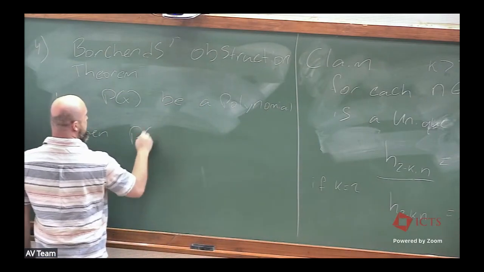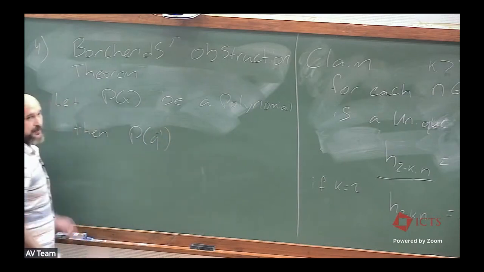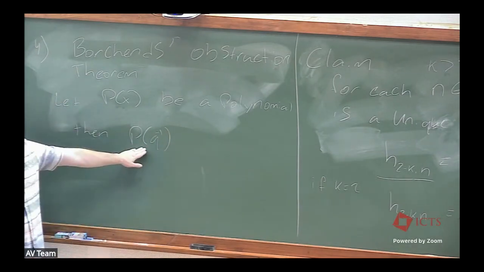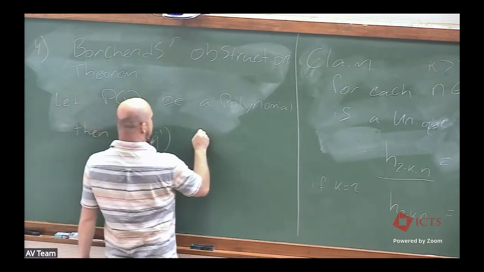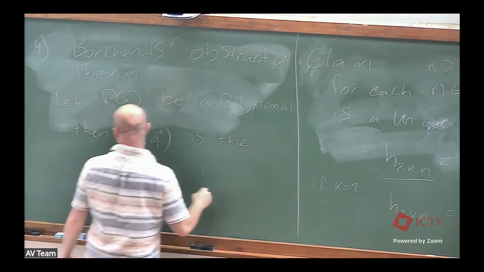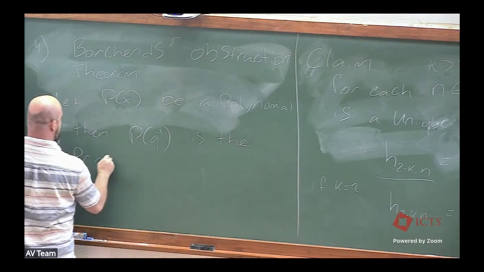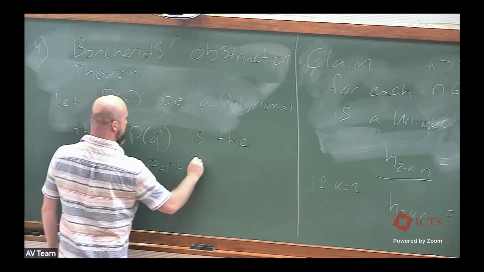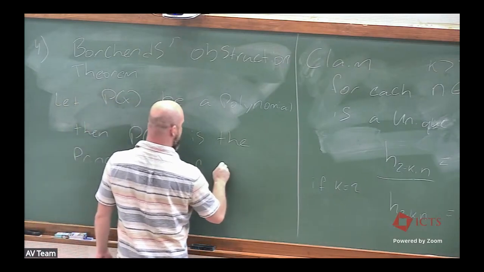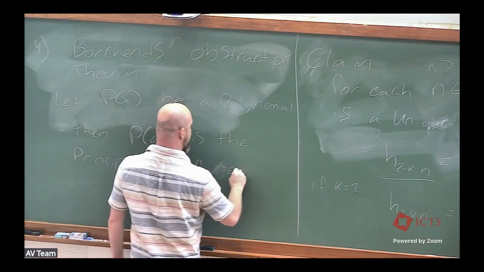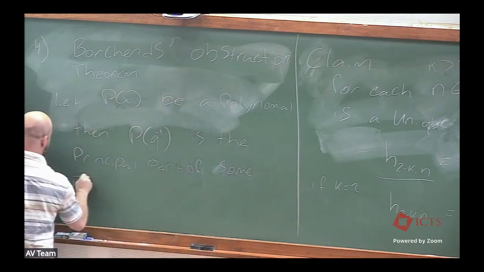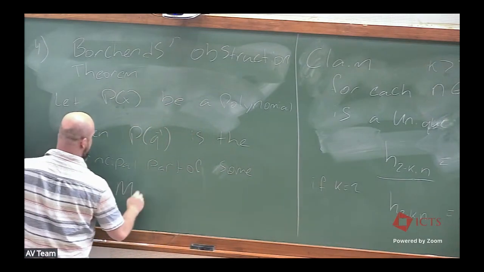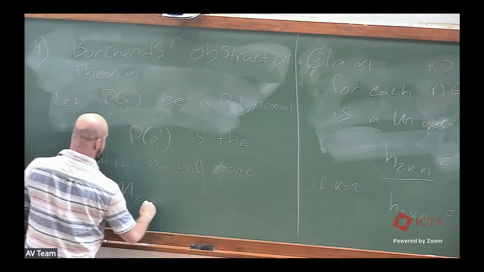Then P of q inverse, so I'm taking my polynomial, evaluated at q inverse. This is a principal part of some form in M2 minus K bang.